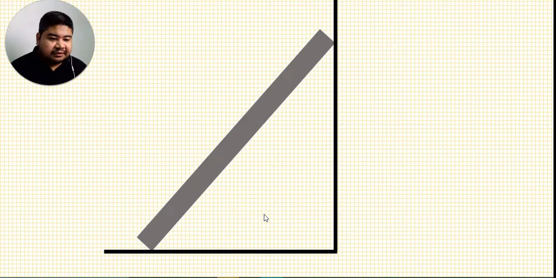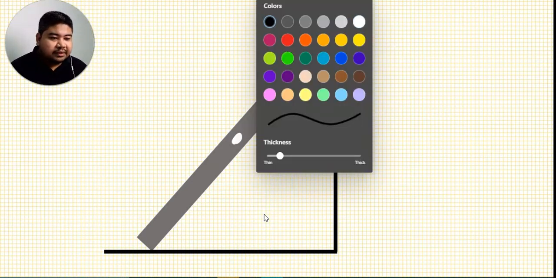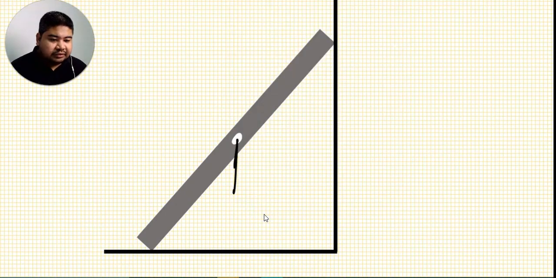The center of mass is located at the center of the beam or the ladder. So the force of gravity on the ladder, we draw it from the center of mass, going straight downwards, the same way as if we are drawing it on a single point mass, except for a rigid body or a beam, we draw it on the center of mass. We label this weight as weight center of mass.